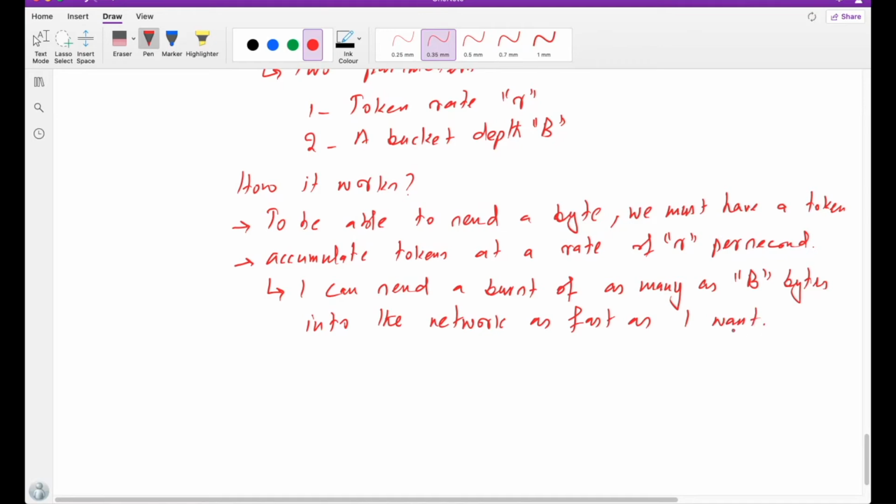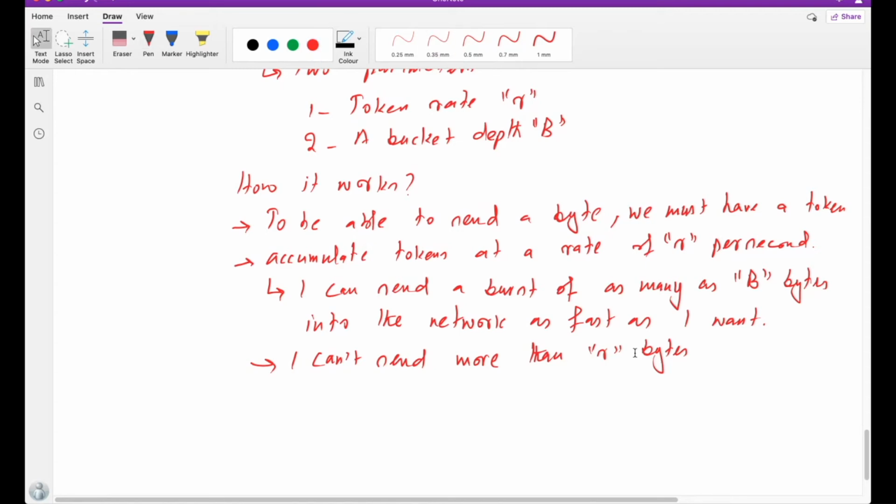Why B? Because B is the depth of the bucket. But keep in mind that over a sufficiently long interval, I cannot send more than R bytes per second.